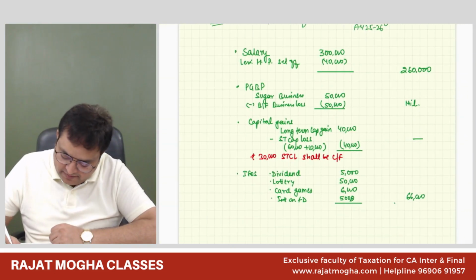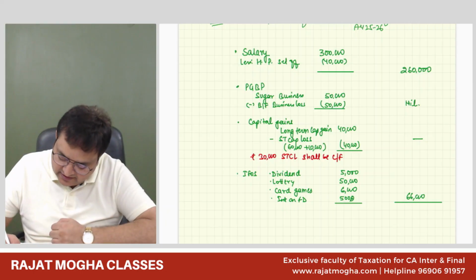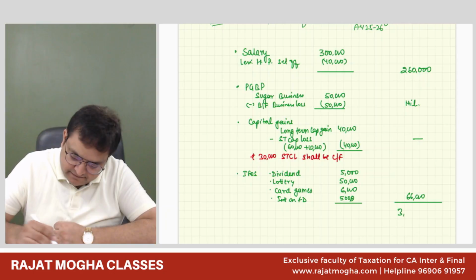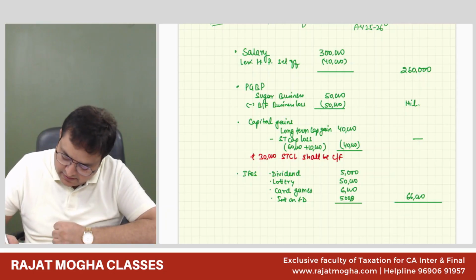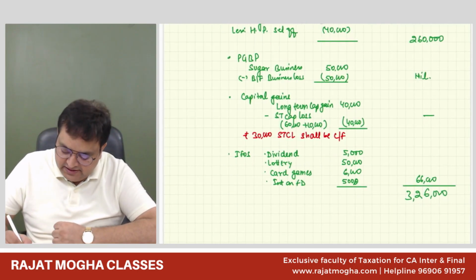So now I got my GTI. So 260 plus 66,000, 3,26,000, right? Yes, sir. So this is my GTI.